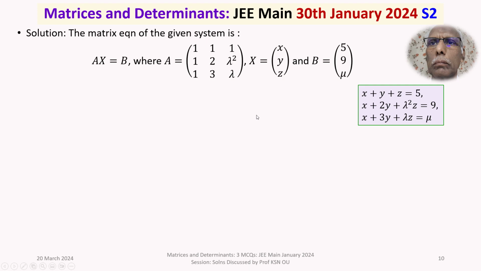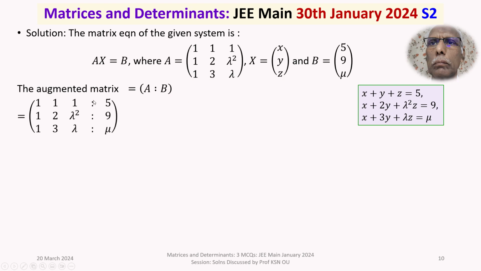The next step is to write down its augmented matrix, A with B. So this is your A and this is your B, and that is your augmented matrix.